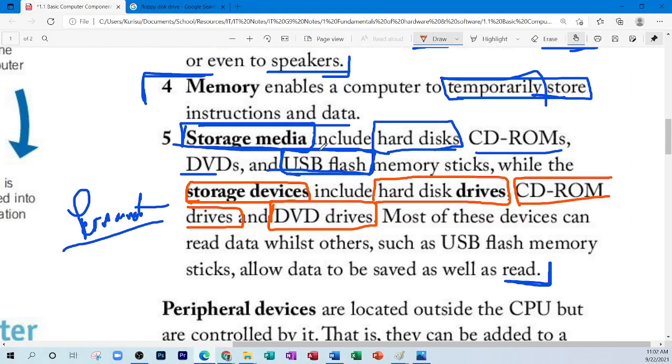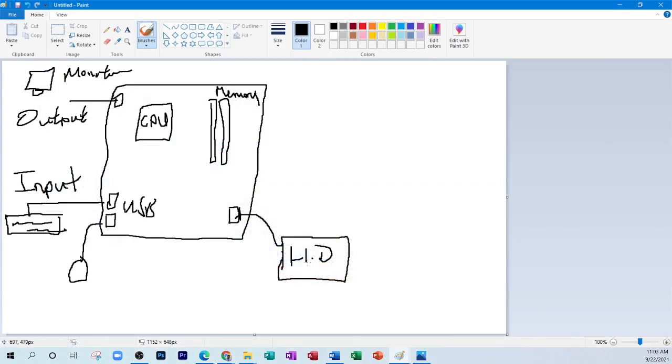Most computers today, all computers today, use a hard disk or a hard drive in order to store the data. So this here is going to be our storage media. That's what is storing your data permanently. That's why you can turn on your computer and all your assignments are still there, all of your homework, all of your games, because it was permanently stored on the hard drive, on the storage media.